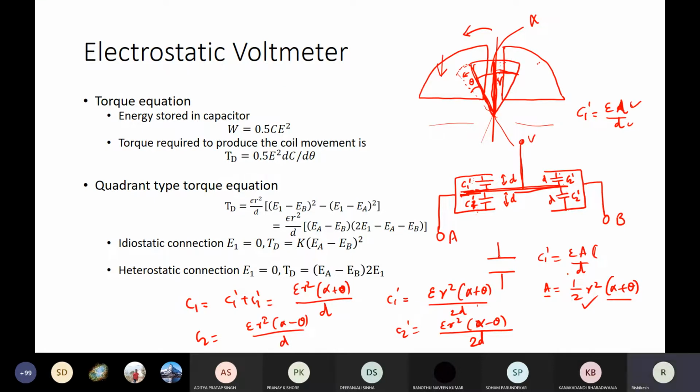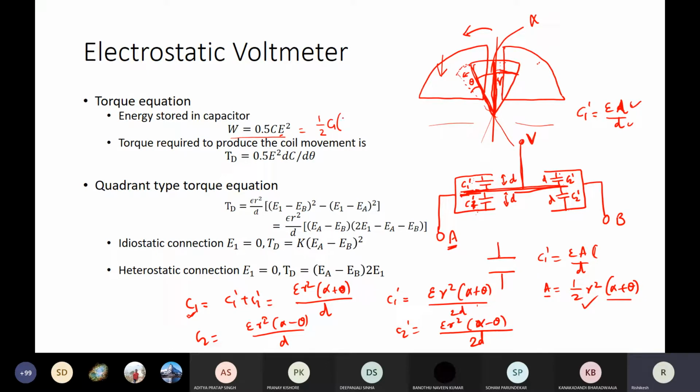Fine. Now we need to look into the energy stored in the capacitance. So it is 1/2 C1 times the square of the potential difference between the two plates. Now this is at EA, right?